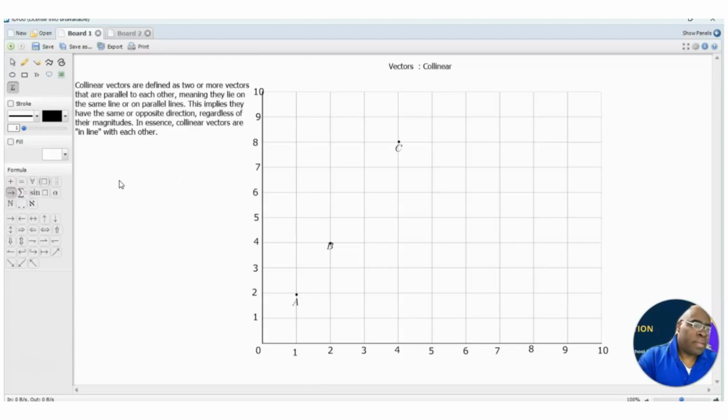Vector AB would be 1 on the x-axis, so move from here to here.